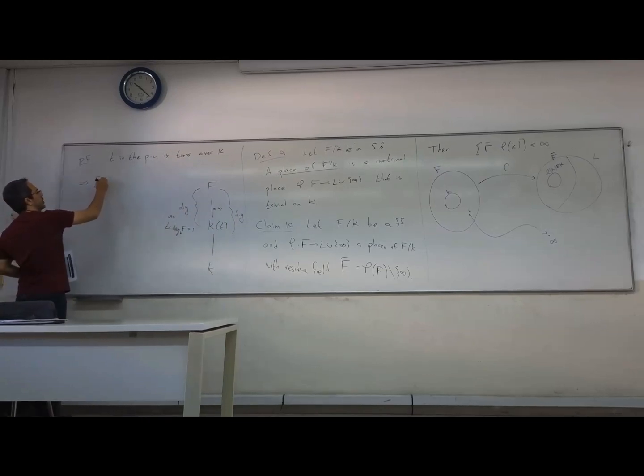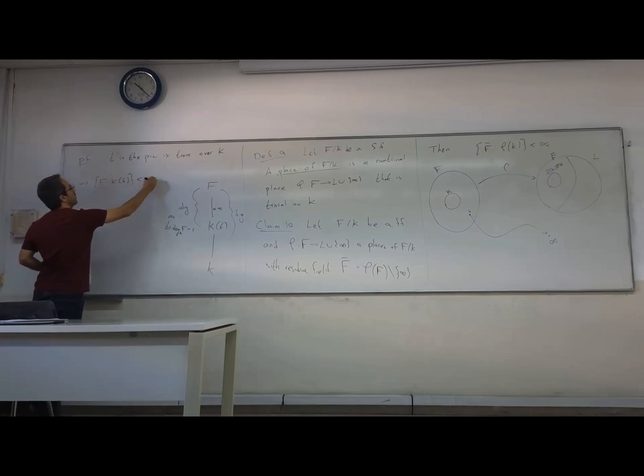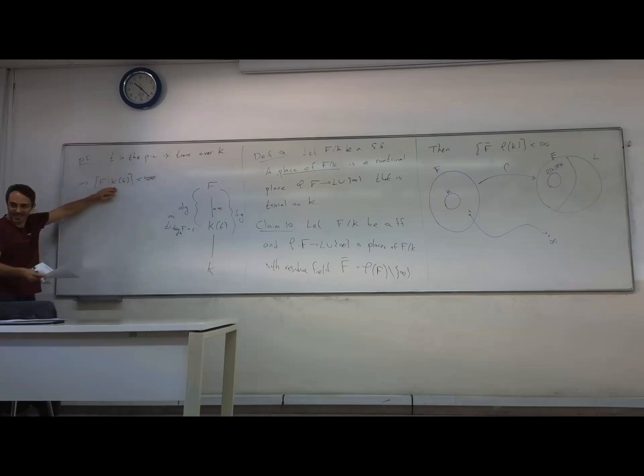So let me cut it short and say that f over k(t) is finite, which is not what I wanted to prove. We actually did that in the proof of the characterization. We used exactly this argument in proving that the definition I gave here was equivalent to the original definition for the case of one variable.